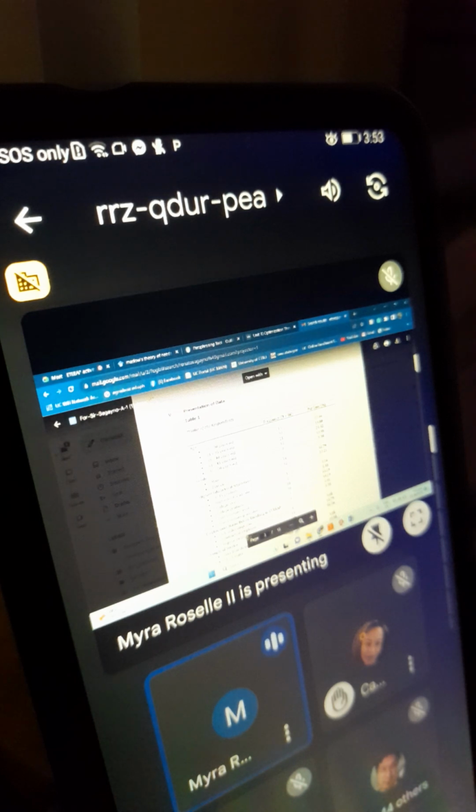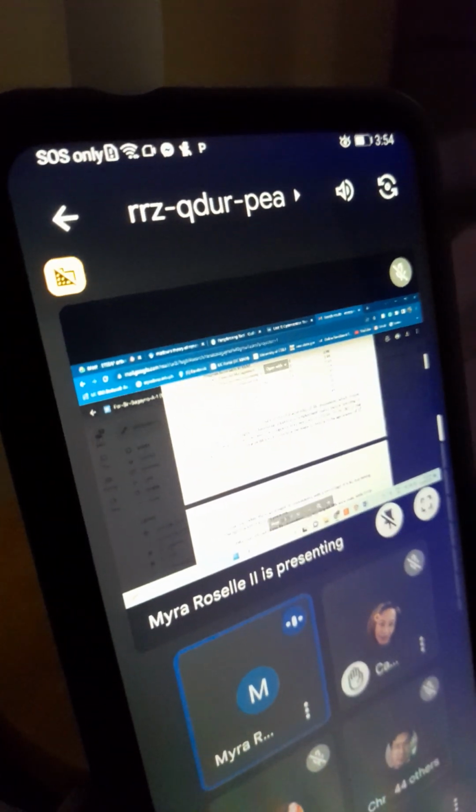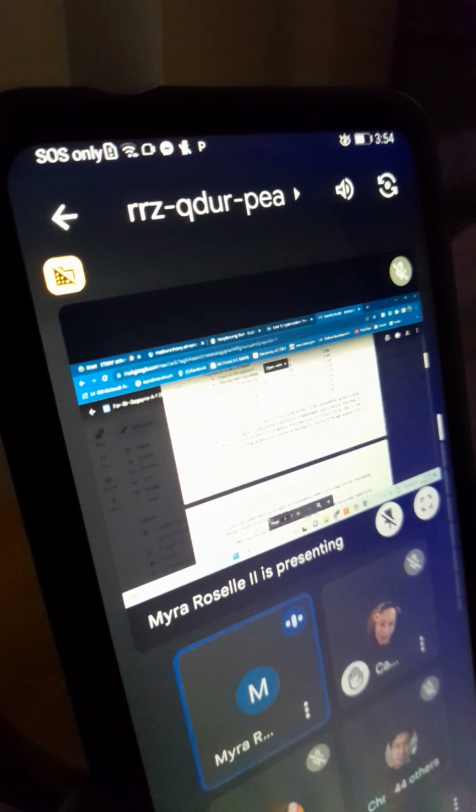Tanawa ha, age. Ang first ninyong buhaton here is table 1 presents the summary of the characteristics of 86 respondents.